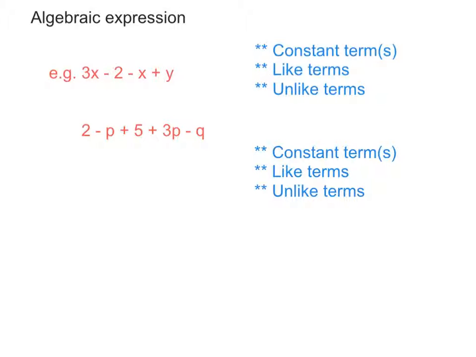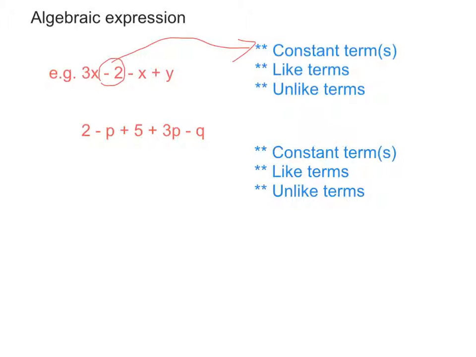3x minus 2 minus x plus y. You can see that we are using two symbols, x and y, and there's one part of it that does not contain any symbol. We call this part, together with the sign in front of this number, minus, it means this is -2, and this is called the constant term.